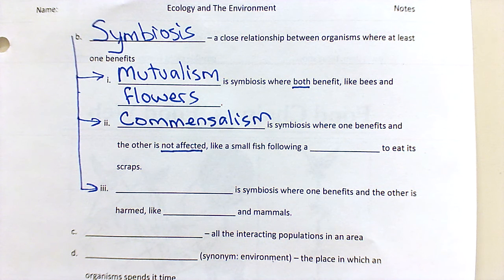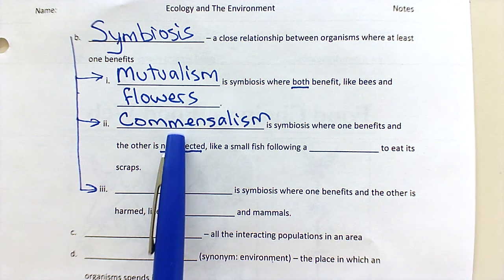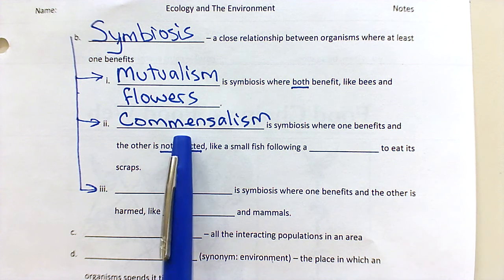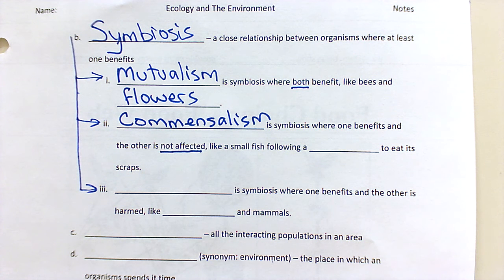Commencement? Commence means to begin. I know that's where this word comes from, but I've never been able to connect to begin with help one and not affect the other. So commensalism, to commence, to begin.